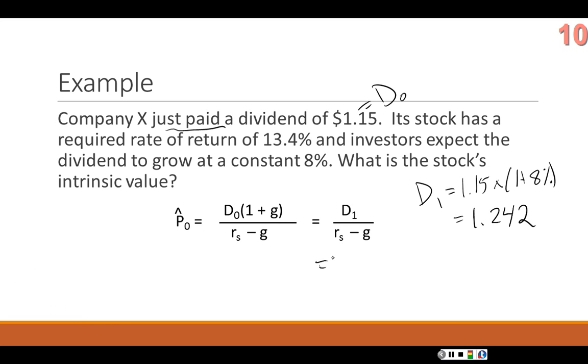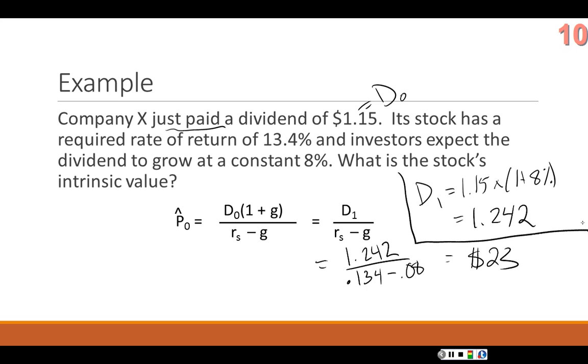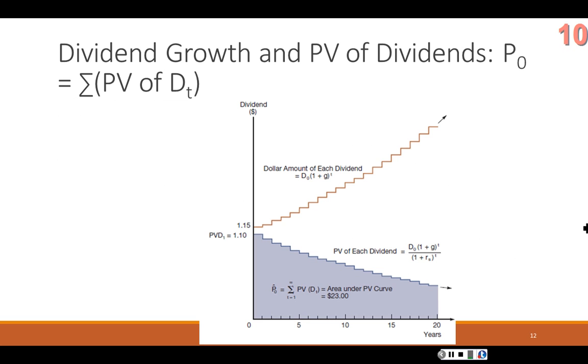So the intrinsic value of the stock is equal to the next dividend payable, the 1.242, divided by the required return, 13.4%, minus the 8% growth rate. And that gives you $23. So the intrinsic value of this stock is $23.